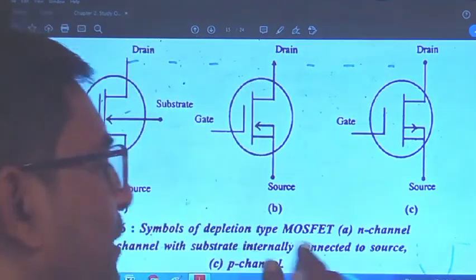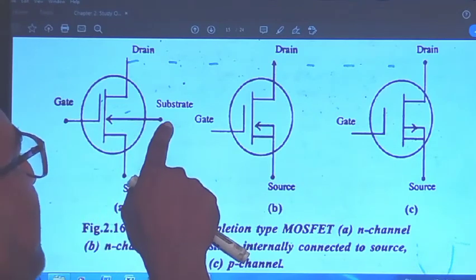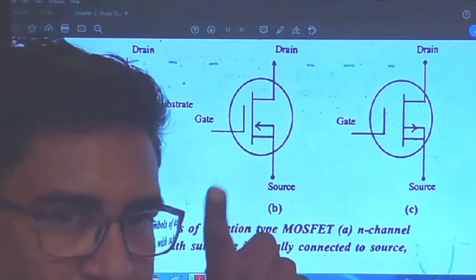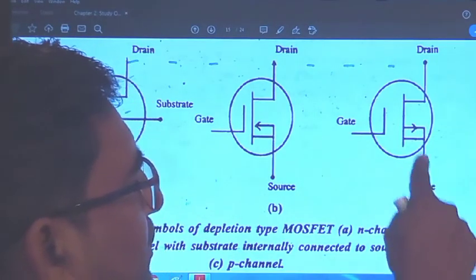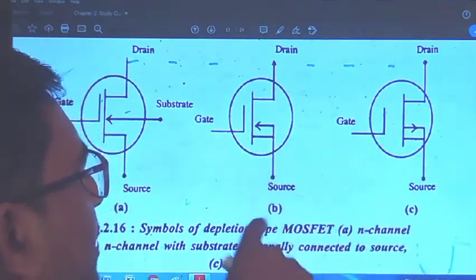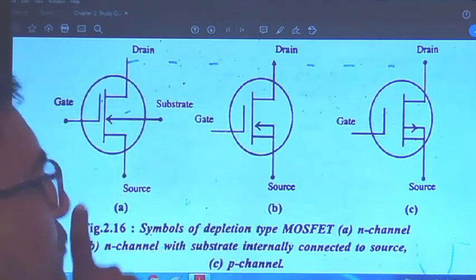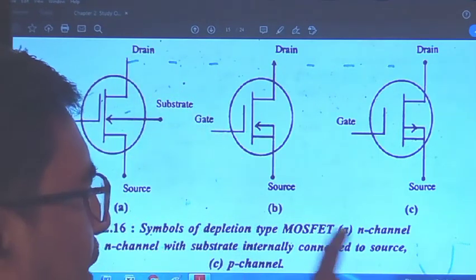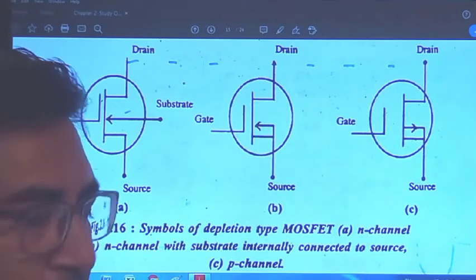Wherever the arrow is drawn, that terminal is considered the substrate. Here also the substrate terminal is connected with the source. So the drain, gate, substrate and source are used. It gives you the N channel with the substrate internally connected to the source.